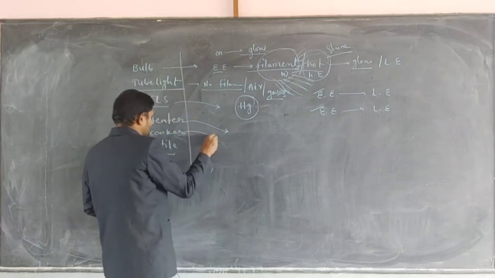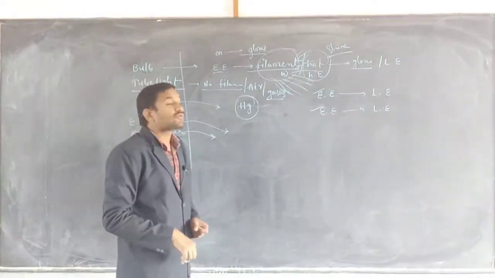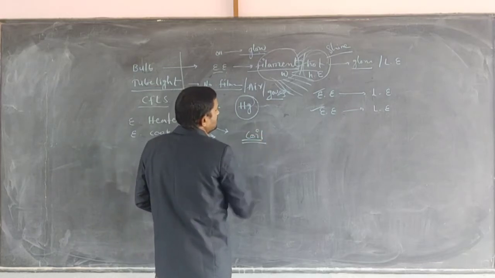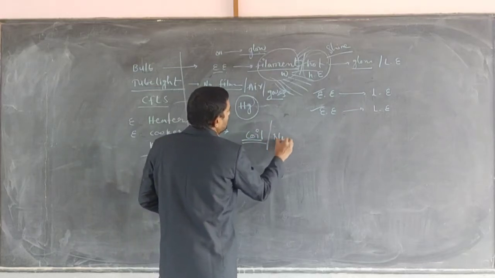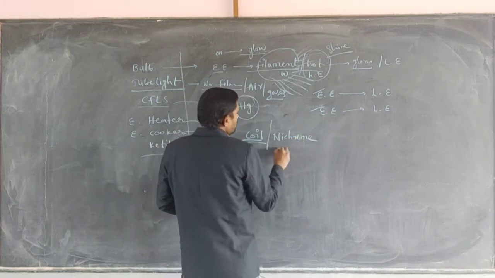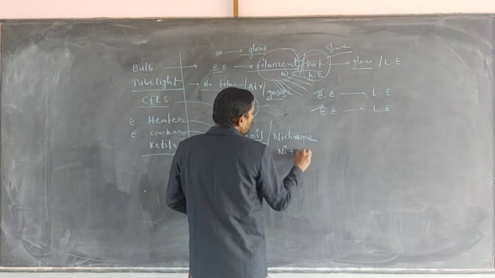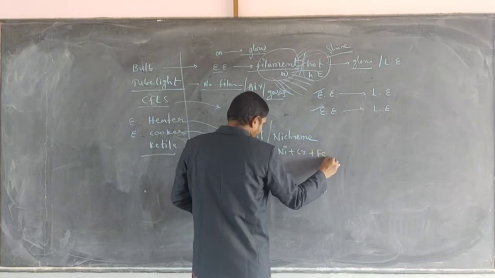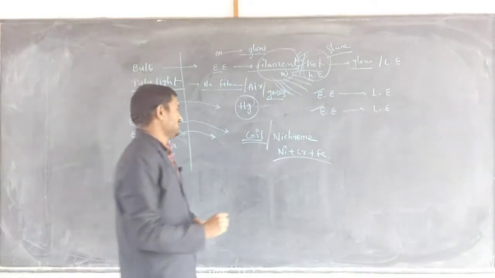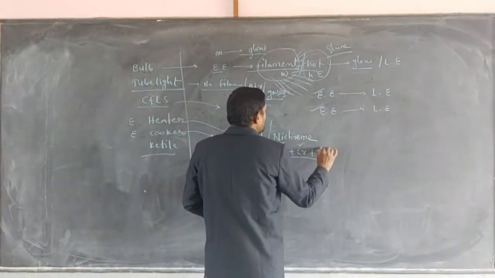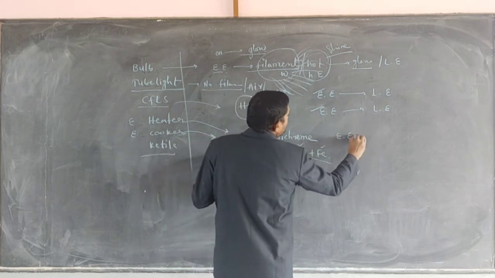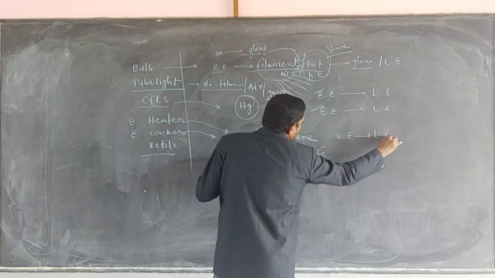Electrical heater and electrical cooker have a coil inside, which is made up of nichrome: nickel, chromium and iron. Here also electrical energy is converting into heat energy.